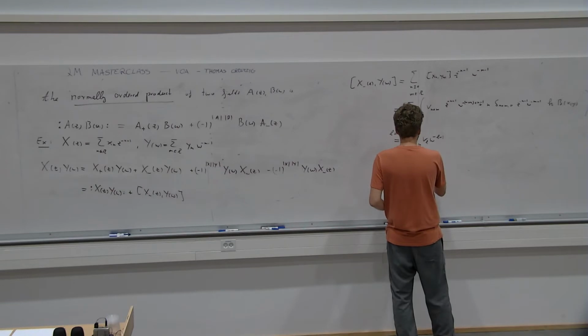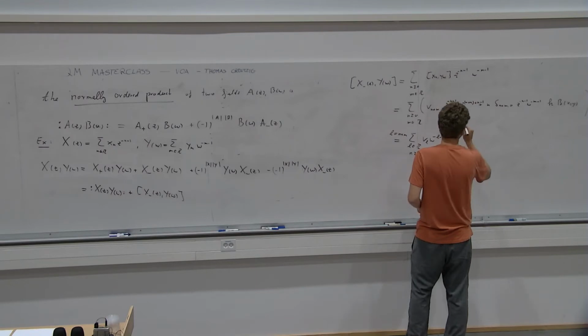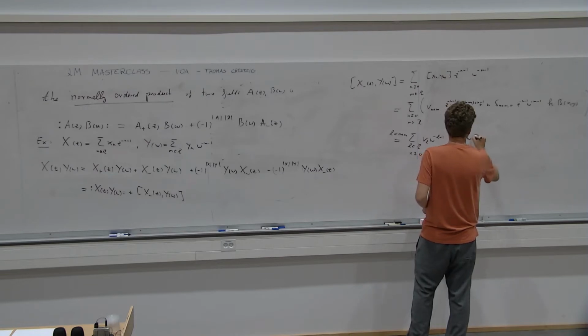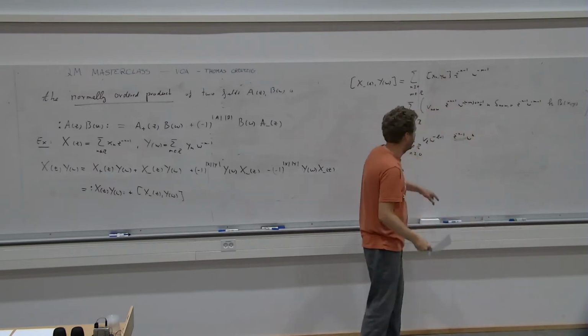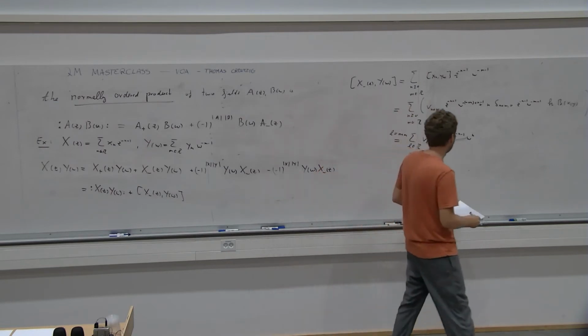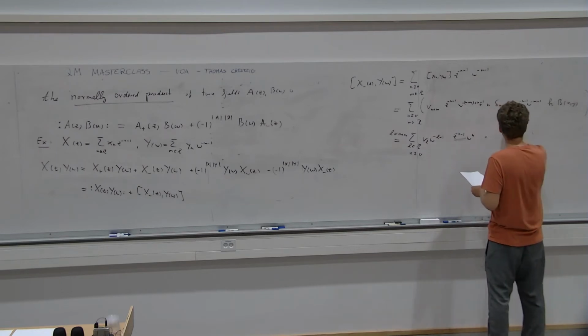And we still have the sum of z to the negative n minus 1, and w to the n, which is exactly the same thing as before, just that we sum over a different region. And then here we have the condition that n is equal to minus m.